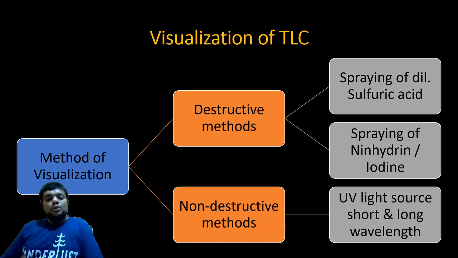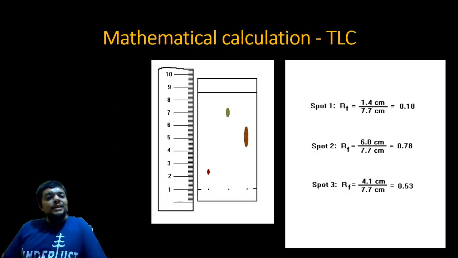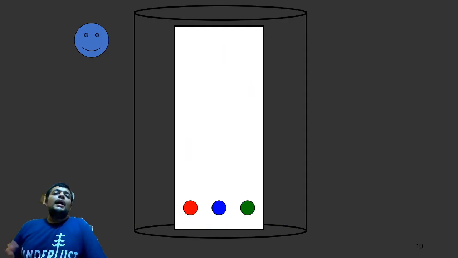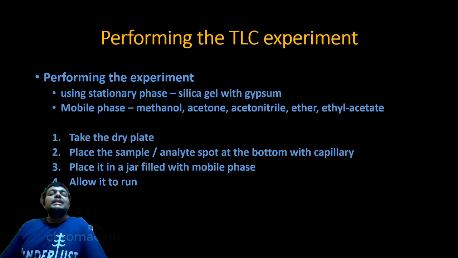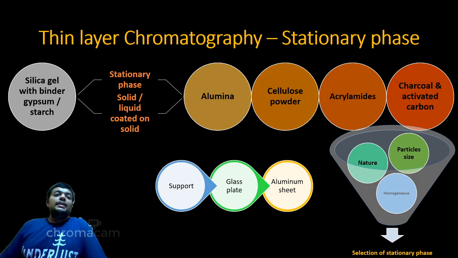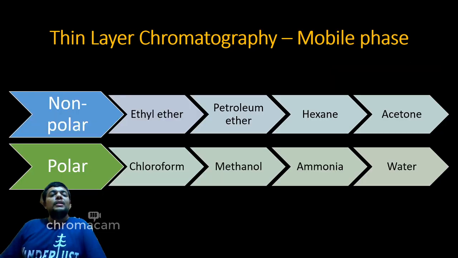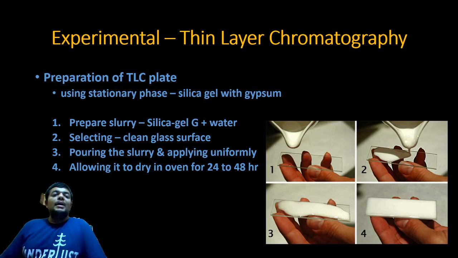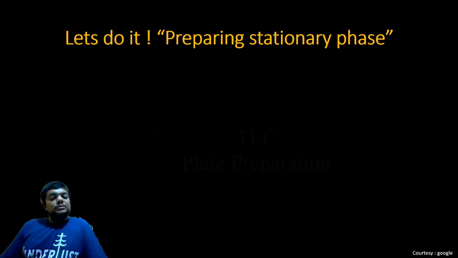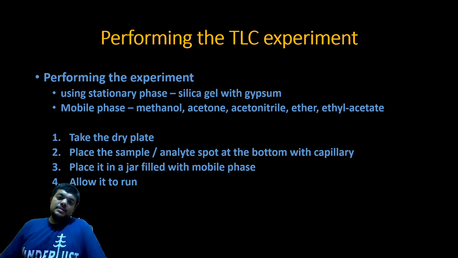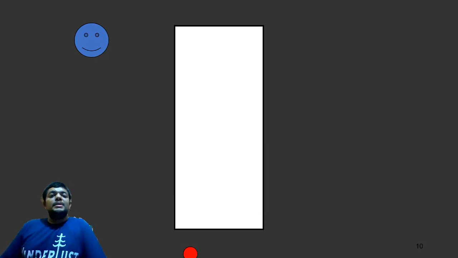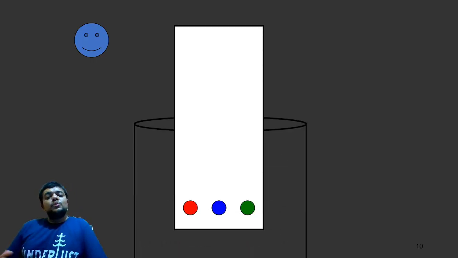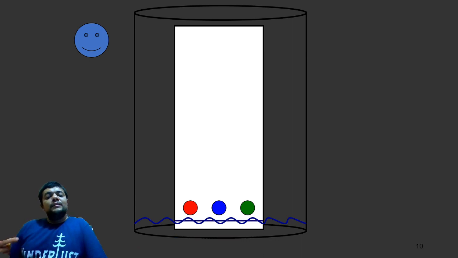So friends, over here, probably we have come to the end of TLC, that is thin layer chromatography. We started with the stationary phase in thin layer chromatography, then we came to the mobile phase, then we started with an experiment. We also saw the video of performing the TLC experiment. I will repeat this so you can get an idea what we were doing.